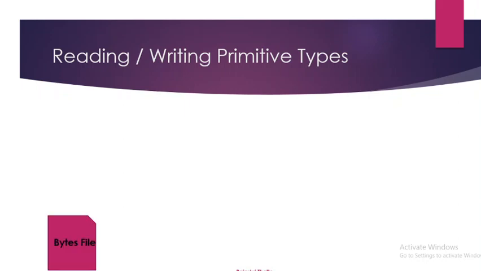Let us consider we are having one file. As DataInputStream and DataOutputStream are the classes which come under the category of byte oriented stream classes, whatever the file is there, let us consider some byte file we are having and we want to read this byte file.